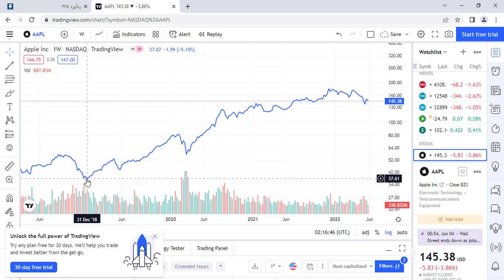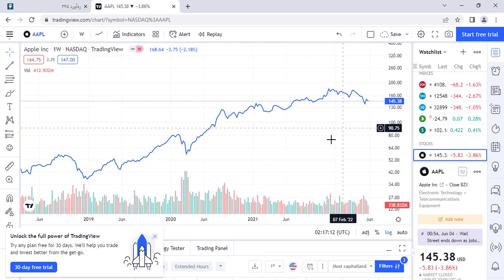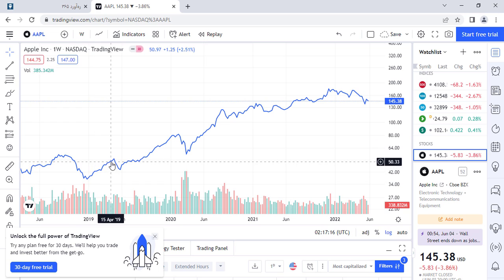We have no information about shadows and the changes of the price, the power of a one-day movement and candle, but its benefit is simplicity. It's too simple. Everyone can understand this type of chart.